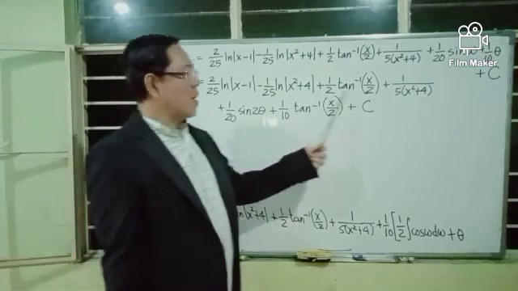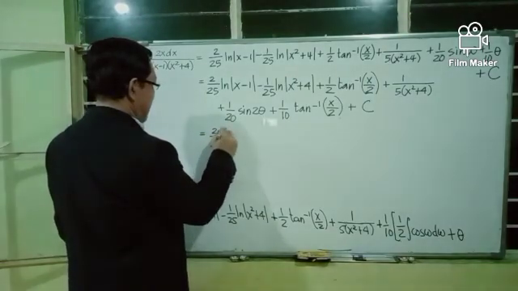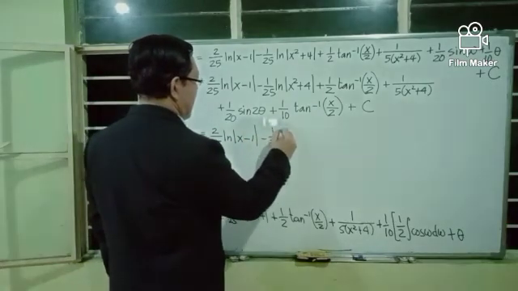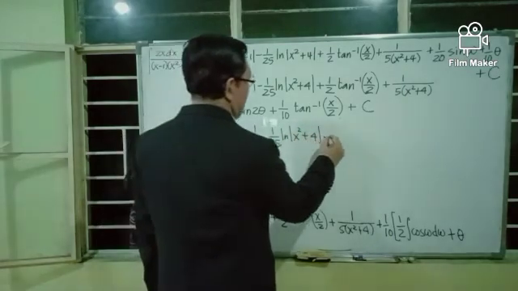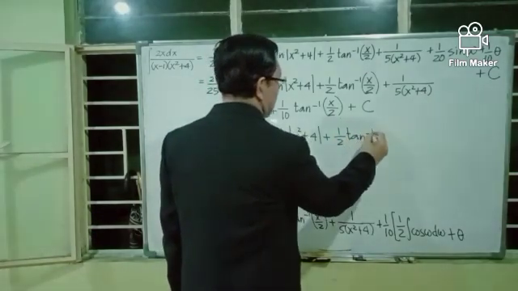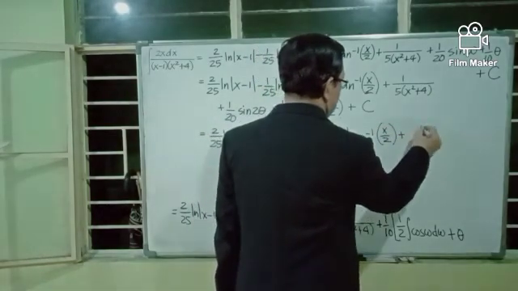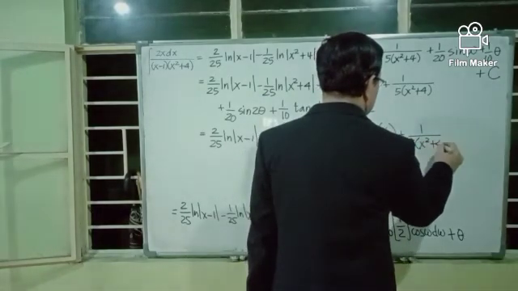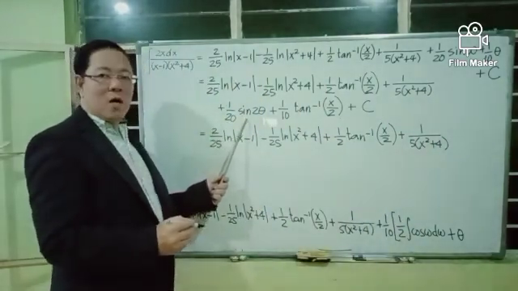And the first four terms are the same. This is now plus 1 over 20 times sine of 2.